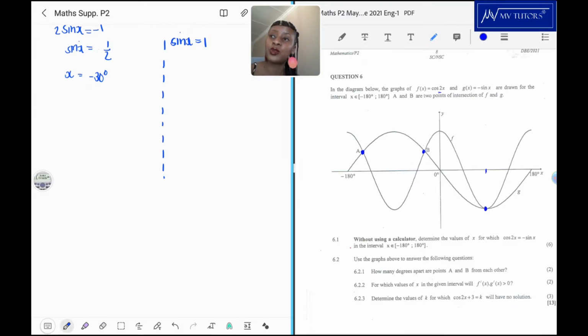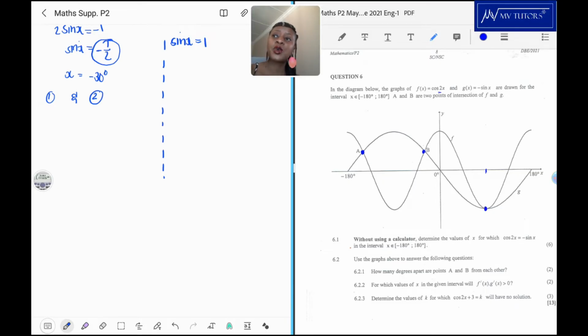I hope I don't lose you here. Because I got the reference angle for the full value here, which is negative a half, I will have to use quadrant 1 and 2.